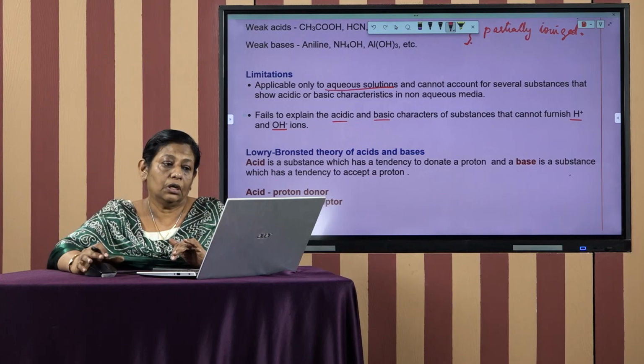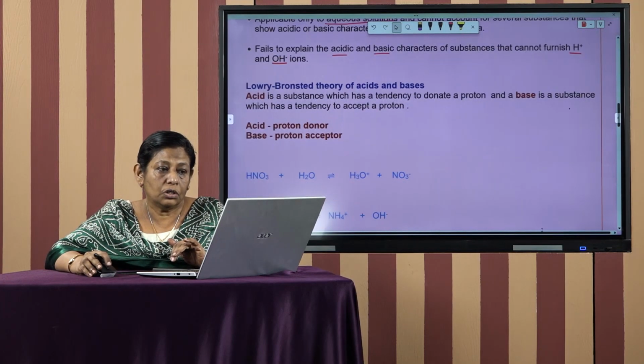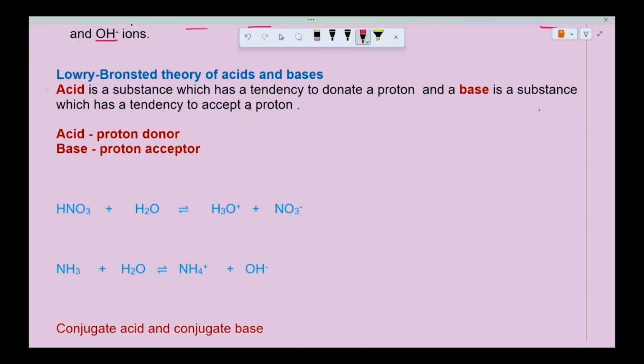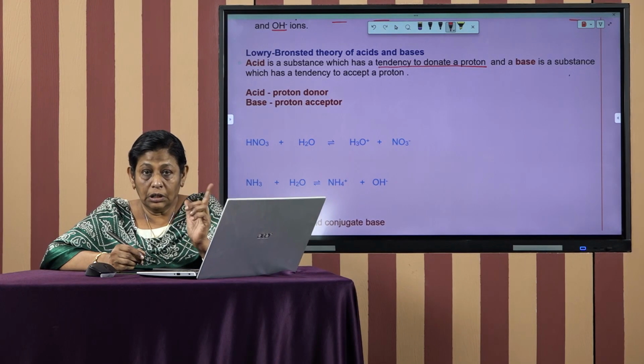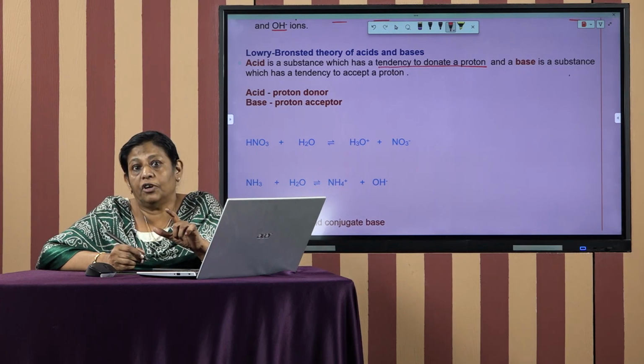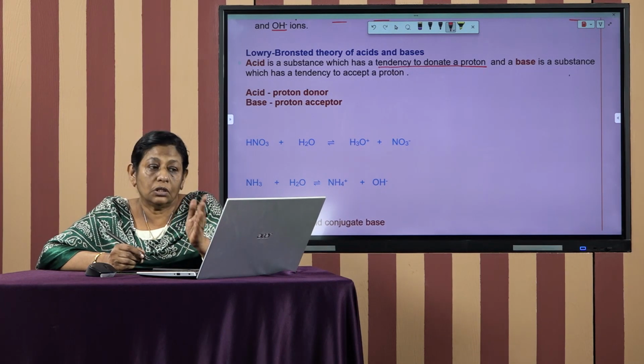Now, we have another theory known as the Lowry-Bronsted theory of acids and bases. In this theory, an acid is defined as a substance which has a tendency to donate a proton. That is enough, and that will be an acid. Because in the other case, Arrhenius theory, you have to put it in an aqueous medium, and it must furnish H plus ions. It is not the case here.